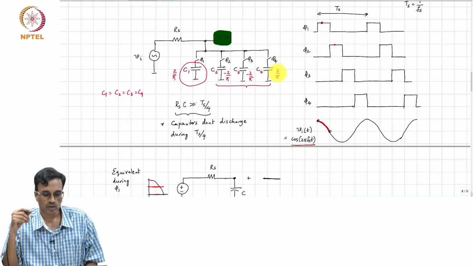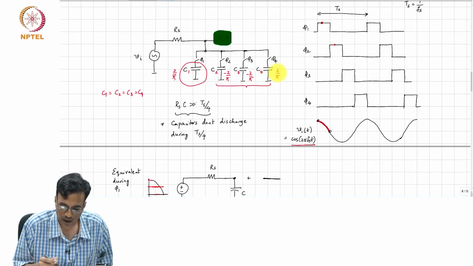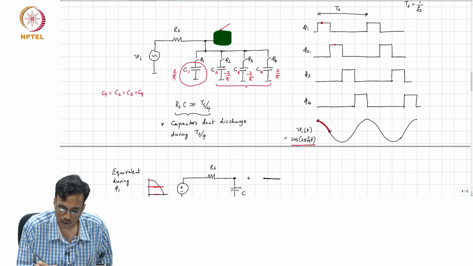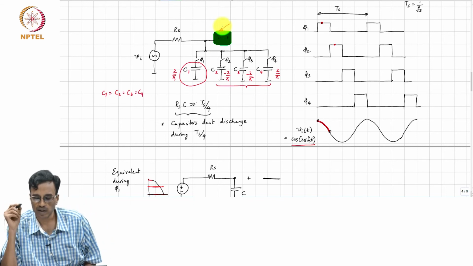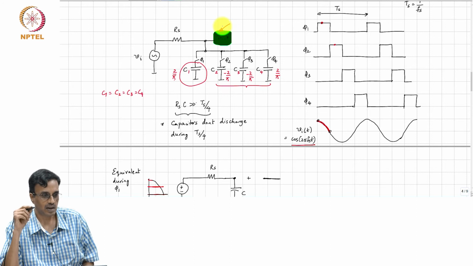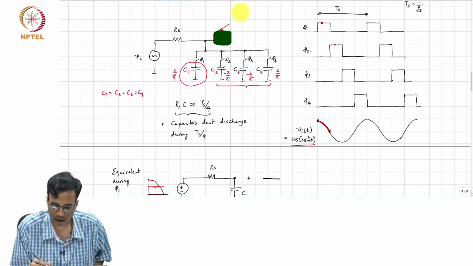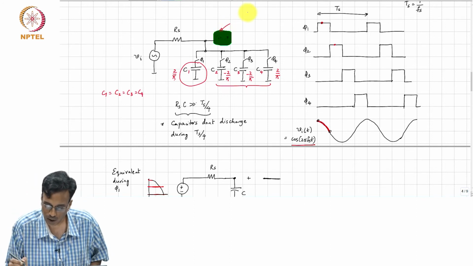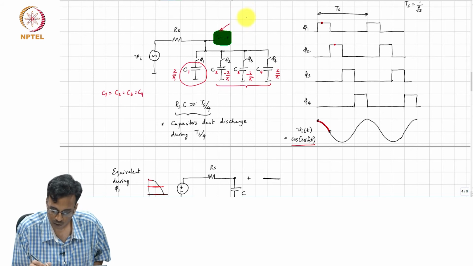Correct? So, as you can see, if the input is cos 2 pi Fs times t, how will this waveform look? Square wave. Correct, very good. So, it will be a wave which does this.